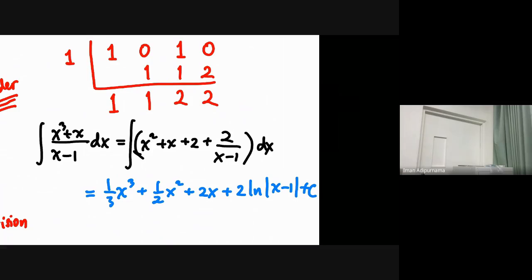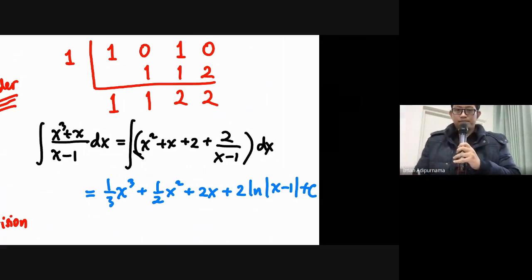You can find the factors by trying easy numbers like 1, maybe -1, maybe 0, or maybe 2, and checking whether you get 0. If the number gives 0, then it becomes a factor of the function. And if there is a leftover number like 2 here, the 2 becomes the remainder. So I hope you remember the polynomial parts.